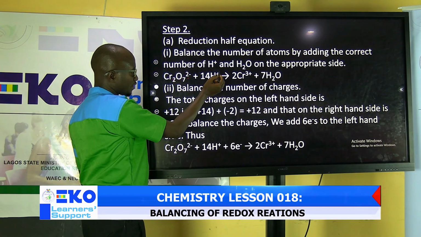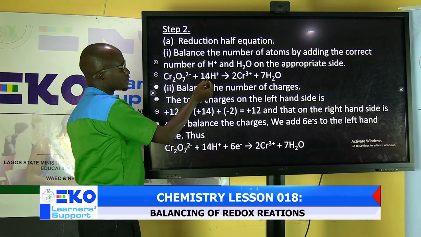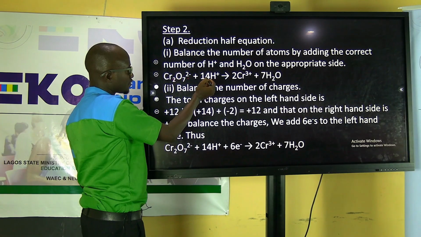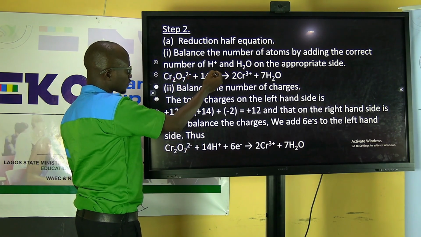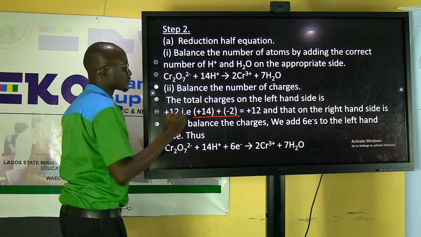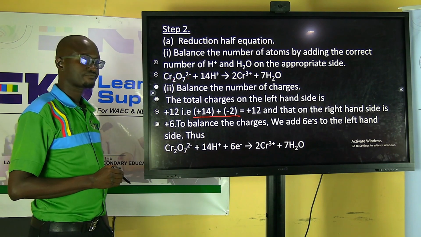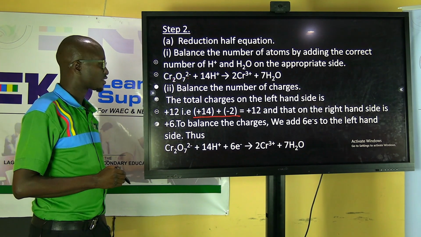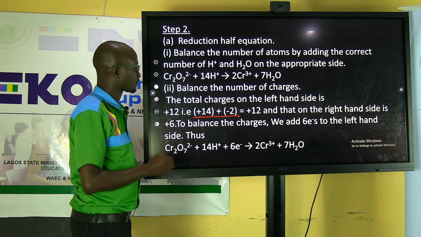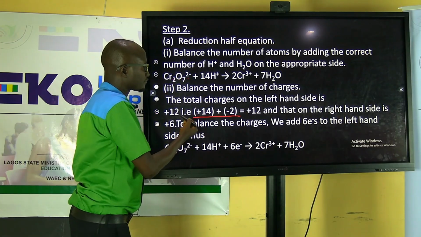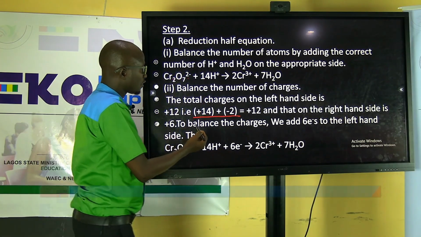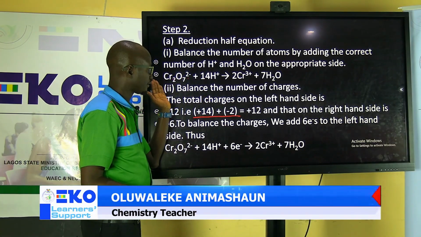Yes, you can see +1 here, but it will be multiplied by the coefficient. So +1 times 14 is +14. -2 plus 14 is +12. So we have a total of +12 on this side of the divide.